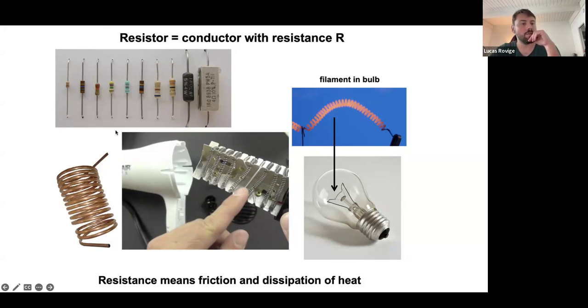I don't know if you do a lab session of electricity, but the resistors you'll see are like those. They're small resistors with a start and end, and they have a given resistance. And you can know the resistance of each of these resistors by looking at the color code.